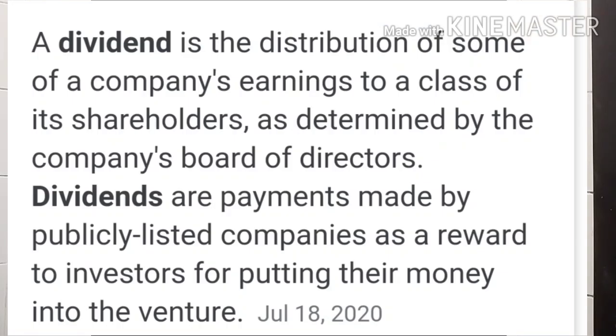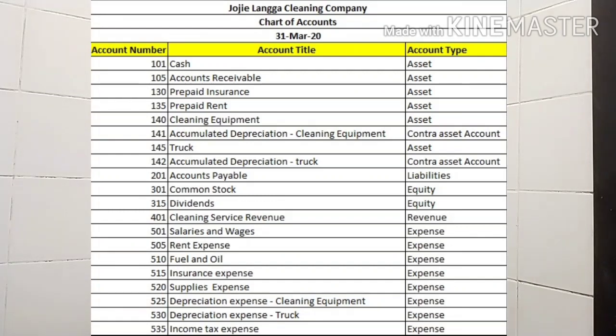Dividends is the account title that we're going to use when we pay the stockholders for their share of the profit. Equity is a group of accounts that has a normal balance of credit, meaning once our equity or capital increases, we have to put it in the credit side.